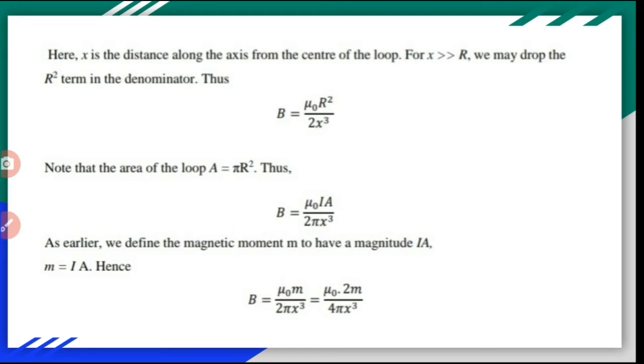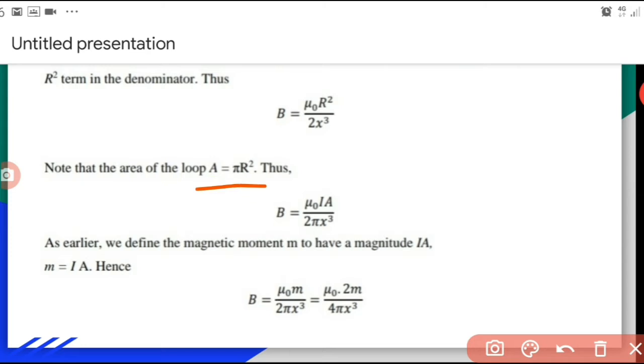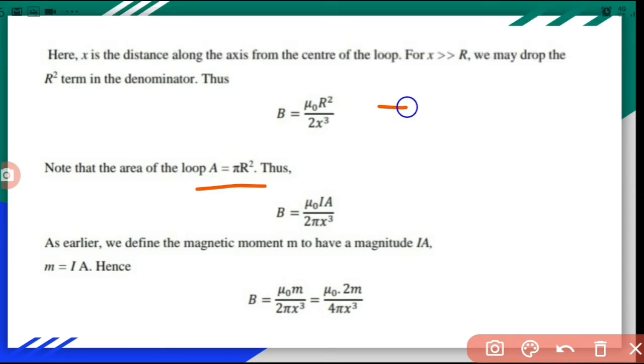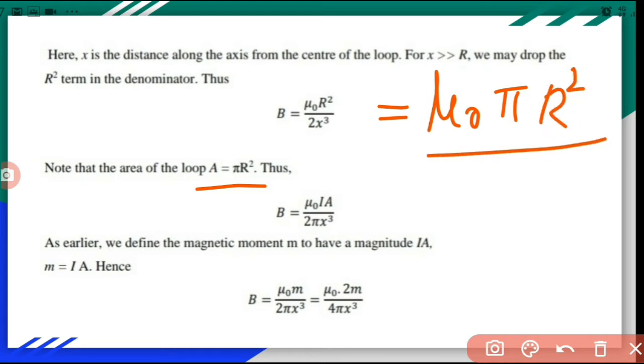And we know for the area of the loop we have the expression A = pi r square. So we multiply this equation and divide it by pi. So we have mu 0 pi r square I divided by 2 pi x cube.